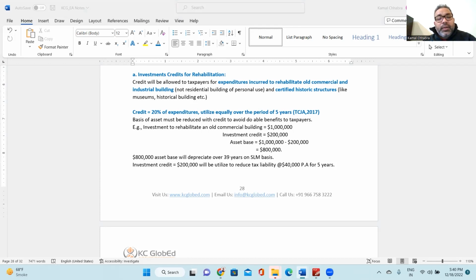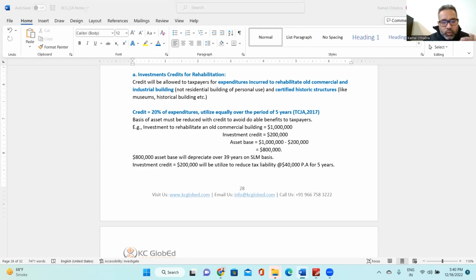On the $800,000 asset base, you will depreciate over the life of the building, let's say 39 years on a straight-line basis. And the investment credit is $200,000, but you will utilize it over 5 years, that is 200,000 divided by 5, which is 40,000 every year. That's how you utilize the investment credit for rehabilitation. Make sense?